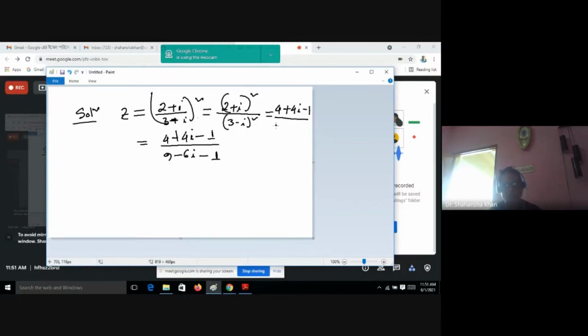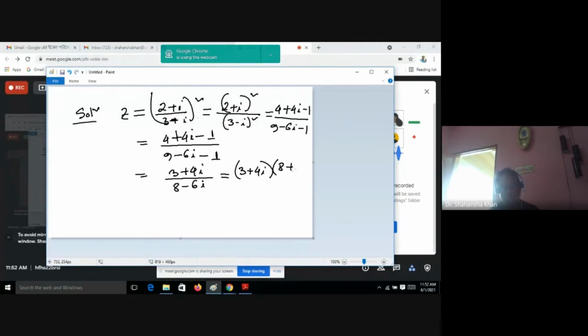And a squared, 9, minus 2ab, 6i, plus i squared equal to minus 1, so 8 minus 6i. For this type of expression, you must rationalize. You multiply the numerator and denominator by the conjugate of the denominator.